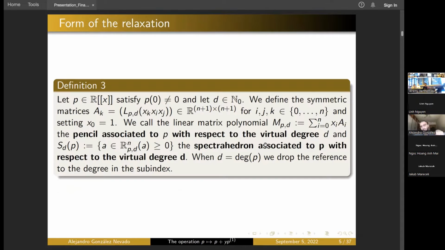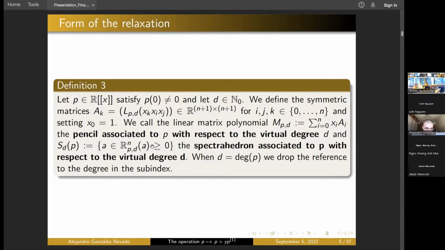The relaxation verifies that this linear matrix polynomial is positive definite at the origin. In some special cases it might be non-definite at the origin, and then this creates a problem.